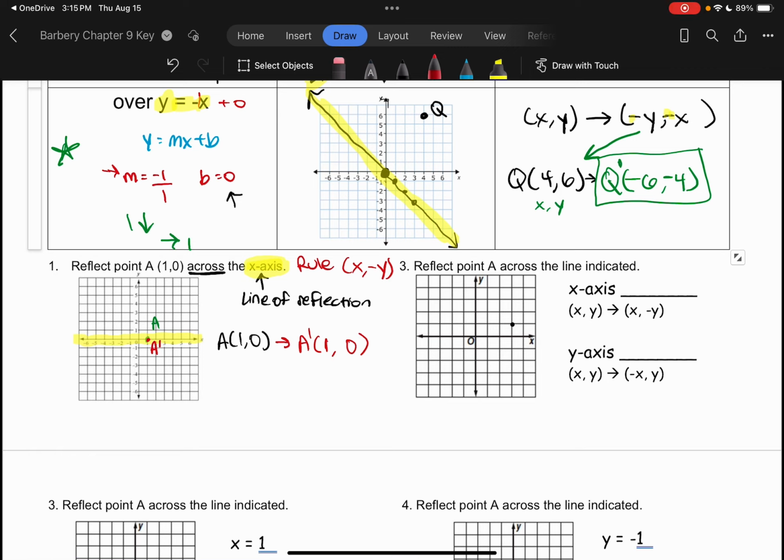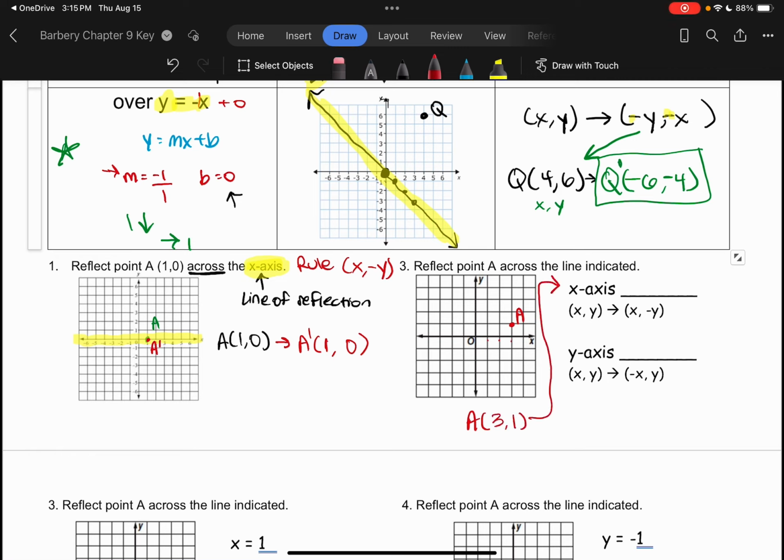Let's look at number 3. It says reflect point A across the line indicated. So here, okay, it's not labeled, but this is supposed to be point A. So this right here is point A. So let's look at what point A is. If I count 1, 2, 3, comma 1 is the coordinates.